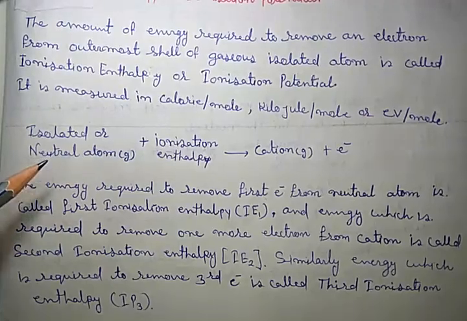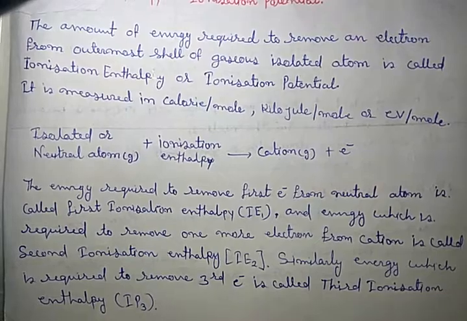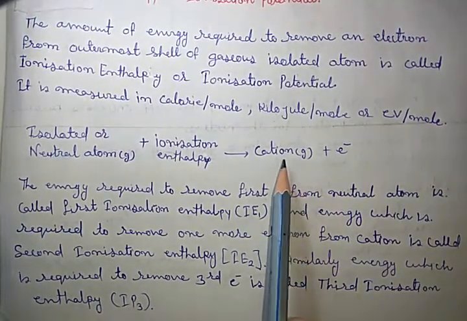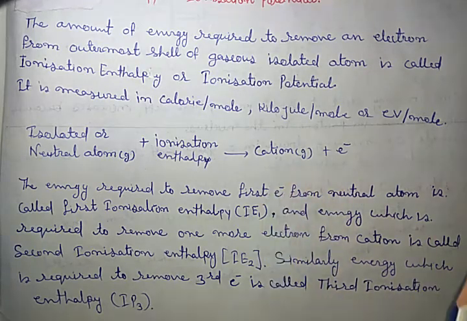The supplied energy, that is ionization enthalpy, results in the removal of an electron, which forms a cation. Now there are various ionization enthalpies depending upon which electron is being removed.